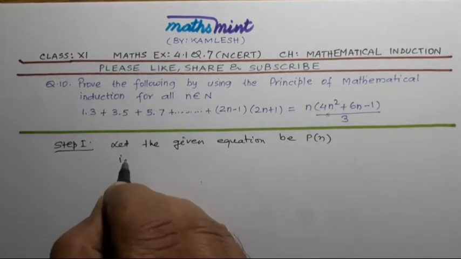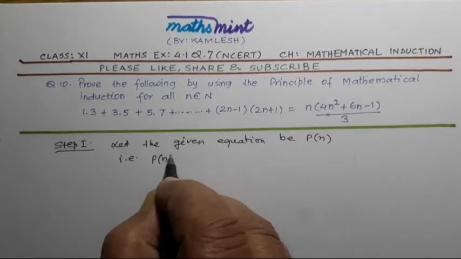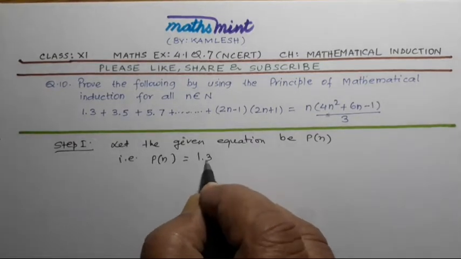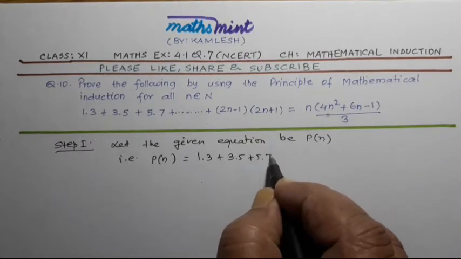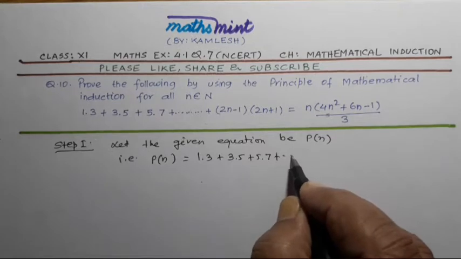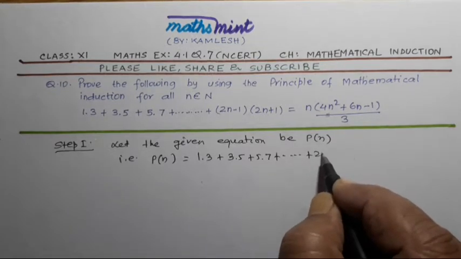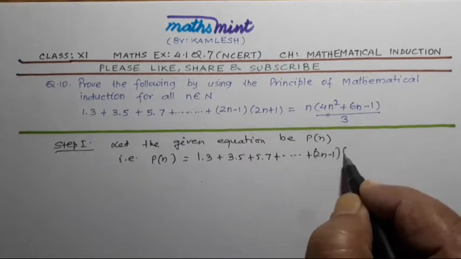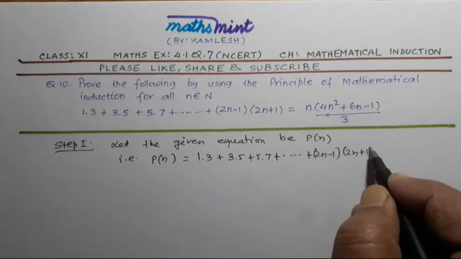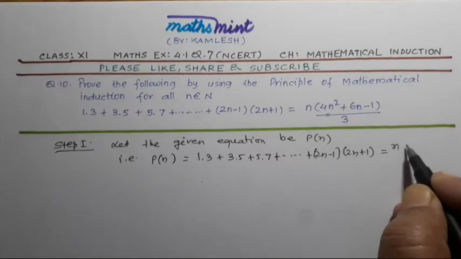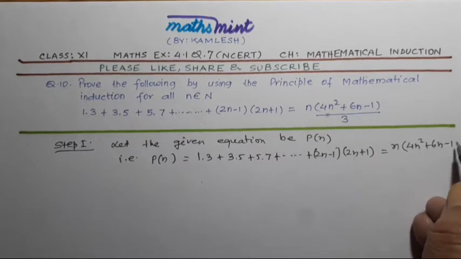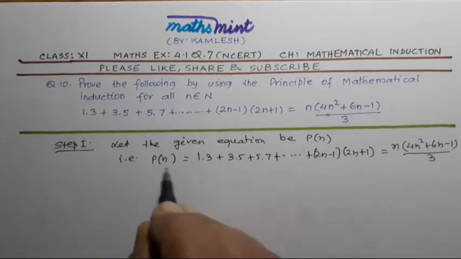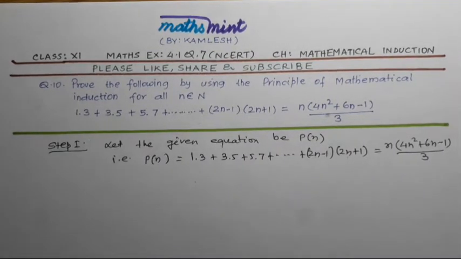So that is P of n will be equal to 1.3 plus 3.5 plus 5.7 plus ... plus (2n minus 1) into (2n plus 1) will be equal to n into (4n square plus 6n minus 1) by 3. This is the first step. We have already solved such type of question from 1 to 5.